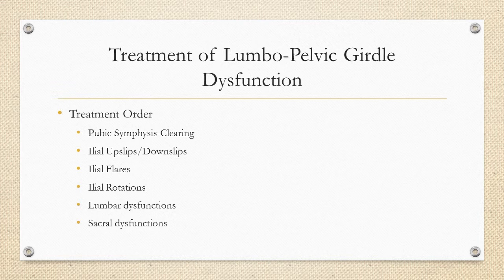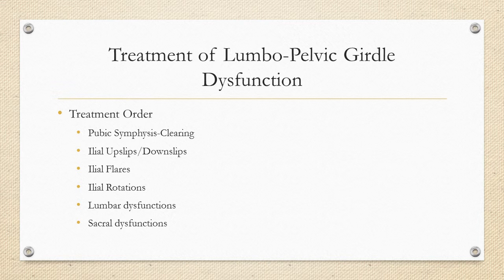We know that the thoracolumbar fascia comes all the way through from the ilium up through the latissimus dorsi and through the anterior pectoral muscle and fascia, and attaches to the clavicle. And so the clavicular jump test will be positive if you have an upslip on that same side, because you are dealing with changing the length tension relationship of that fascial component.